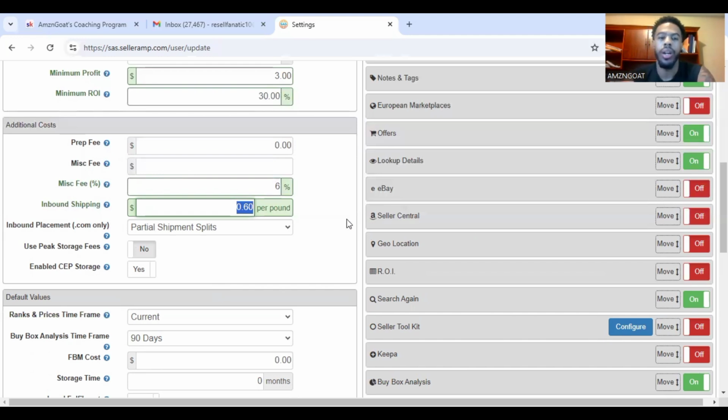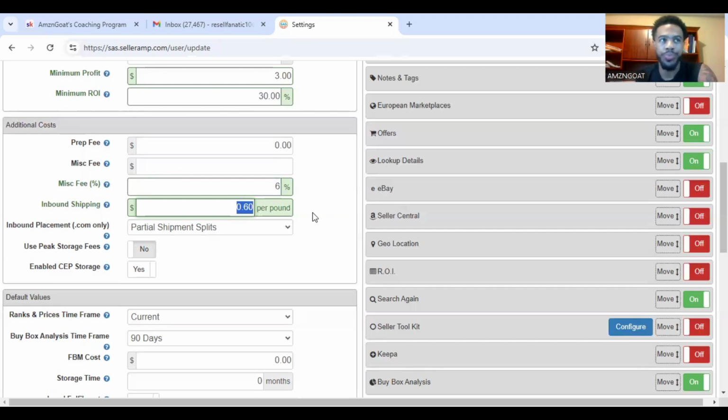But if you are just getting started and you just need a number to put in here, anywhere in the 60 cents to 70 cents range is going to be an okay number to have. Again, the more pounds you send, the more weight you send, the more volume you send, the less you're going to have to pay per pound. Amazon loves volume, right? They will give you an advantage.